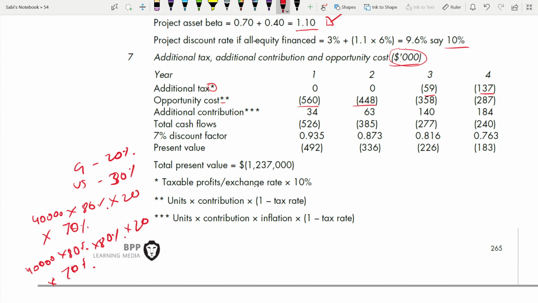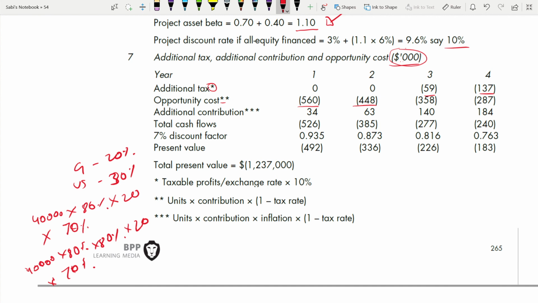Additional contribution. What is the additional contribution? How are you going to get the additional contribution?